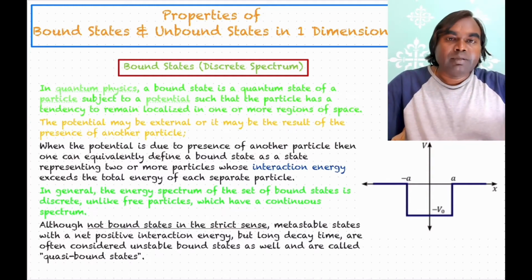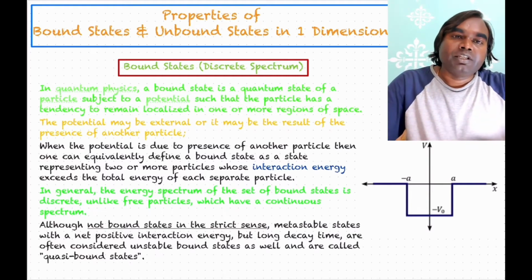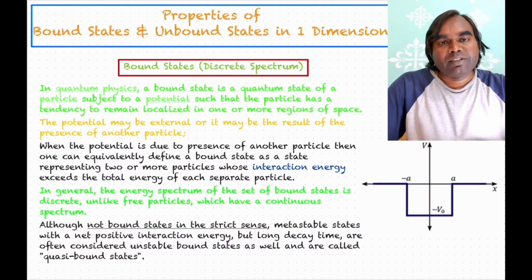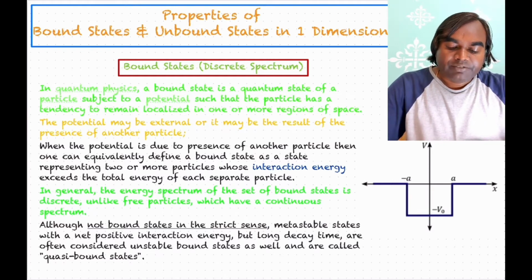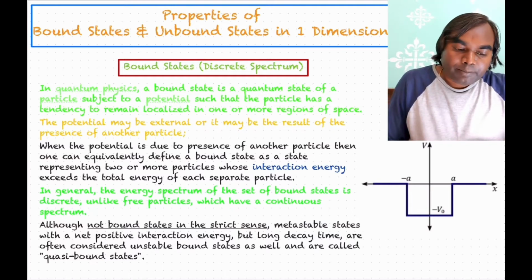The potential may be external, or it may be the result of the presence of other particles. When the potential is due to the presence of another particle, one can equivalently define a bound state as a state representing two or more particles whose interaction energy exceeds the total energy of each separate particle.